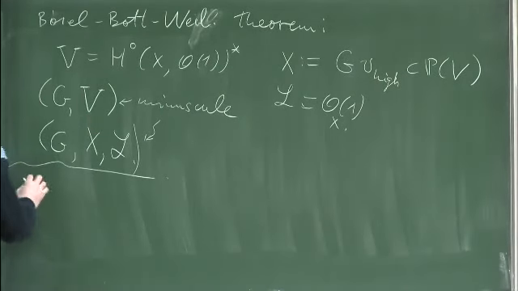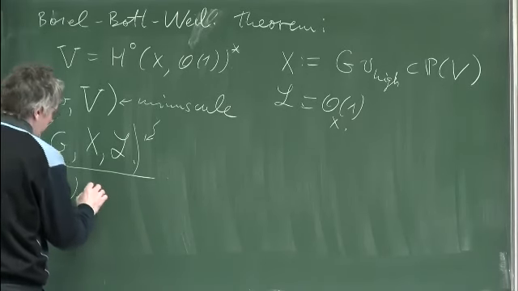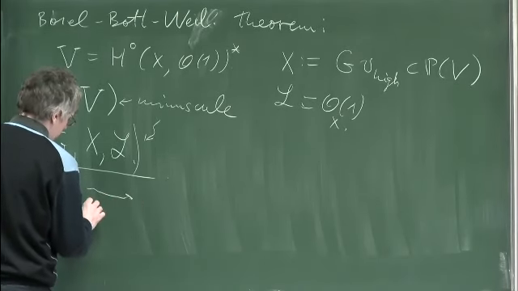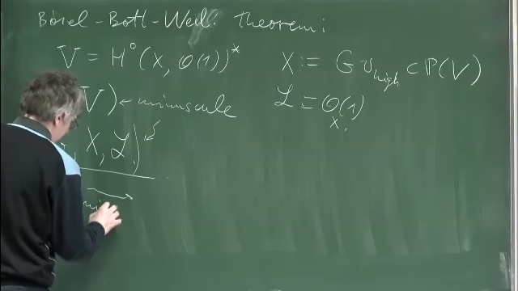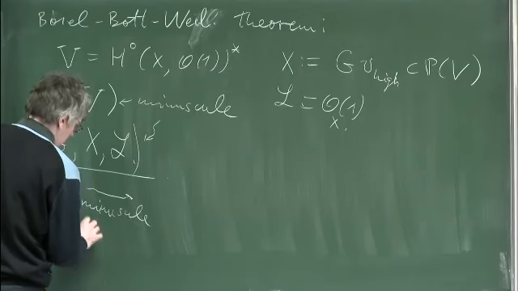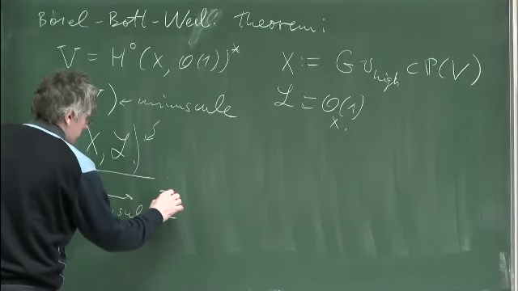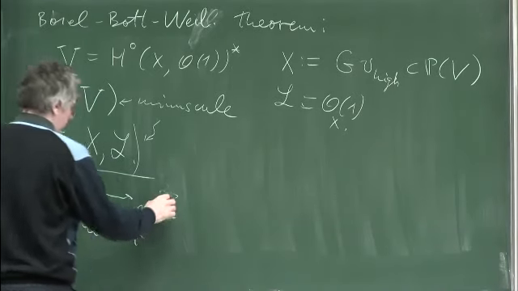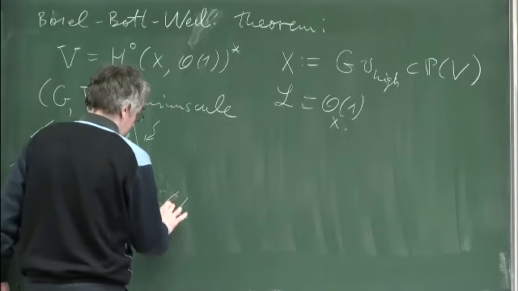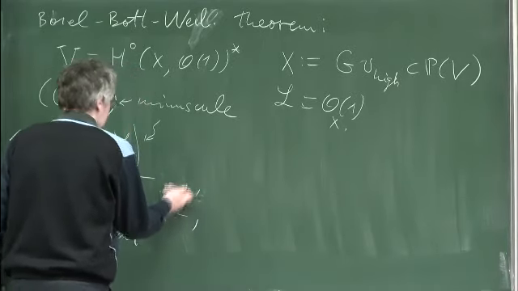So assume we have G and V, which is minuscule, and I want to construct a new group and a new representation, and this would be called minuscule descent. So I need to construct, first, not a variety but some group, and this will be the group L prime, and some representation. So what is this?